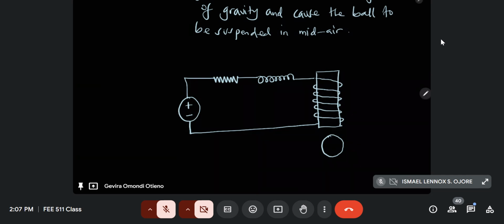Okay, so that is the diagram. Of course, this is, let me label, this is a resistor. Of course, this is an inductor. Then you've got your voltage supply there. Typically, this ball would be suspended here. So there's a height of suspension.